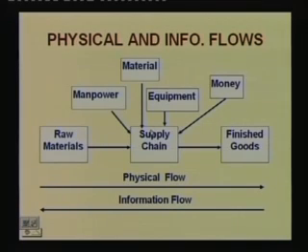It is the raw materials, the entire inventory process, coming to the factory, then work in process, distribution, and finally the finished goods. In between we have various resources like material, manpower, equipment, money, all of which are very much part of the supply chain.